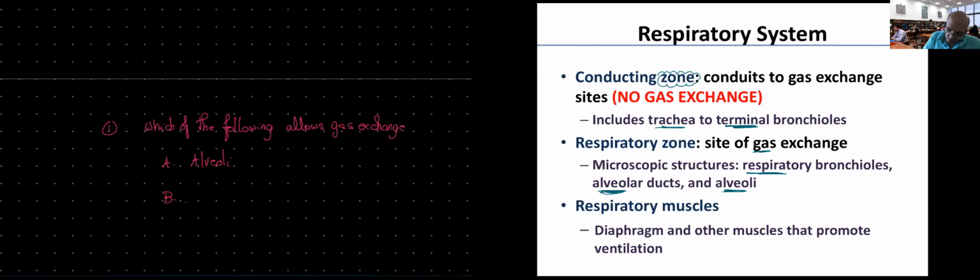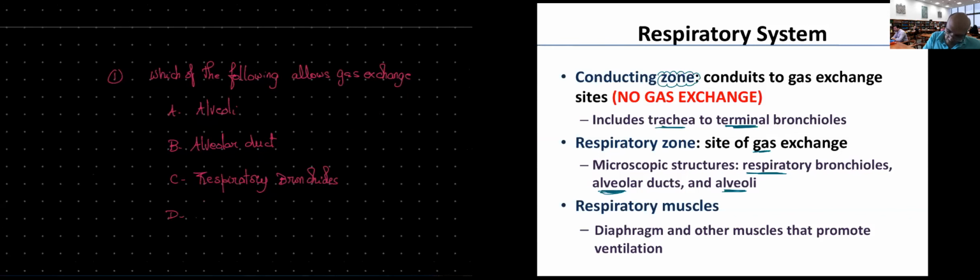Alveoli, alveolar ducts, respiratory bronchioles, and all of the above. Which one do you think? Which one allows gas exchange to take place?